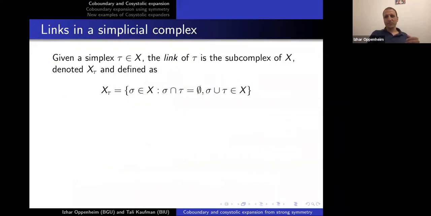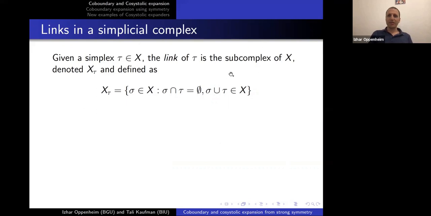Okay, so to see how we get cosystolic expansion, I need to define something else. I want to define something called a link in a simplicial complex. So say X is a simplicial complex and tau is some simplex.